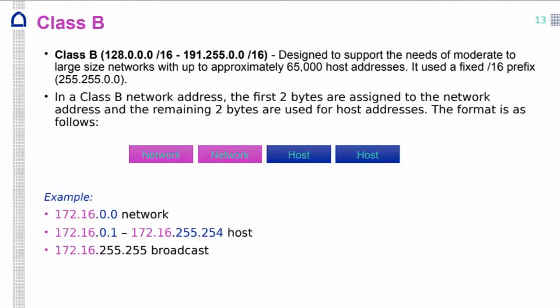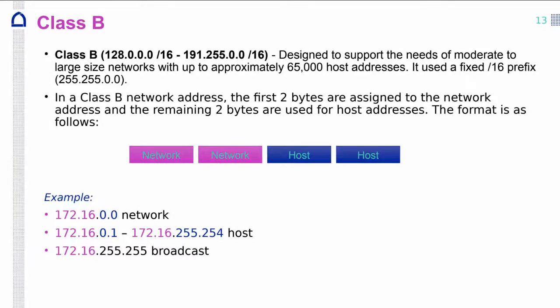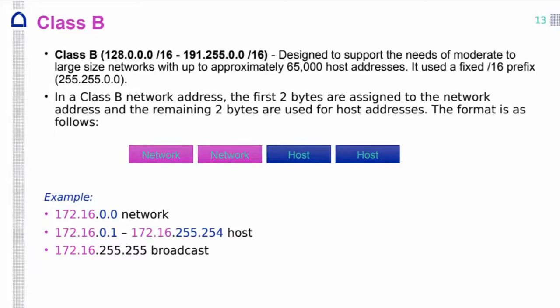Class B, here we have the network ID. The first two octets are network ID, and then the third octet is host, the fourth octet is host. For example, 172.16.0.0 is a network. The hosts are like 0.1 up to 255.254, and the broadcast is 255.255.